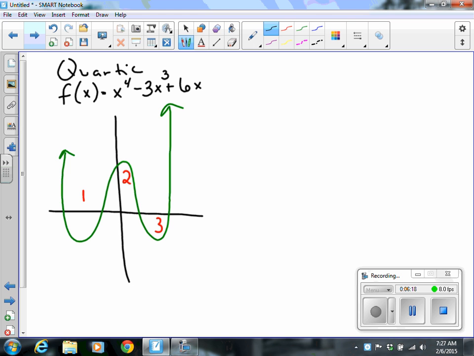And then the last one is a quintic. If you think about it, if I have quintuplets, that means I have 5. Same thing with this, my degree is 5.